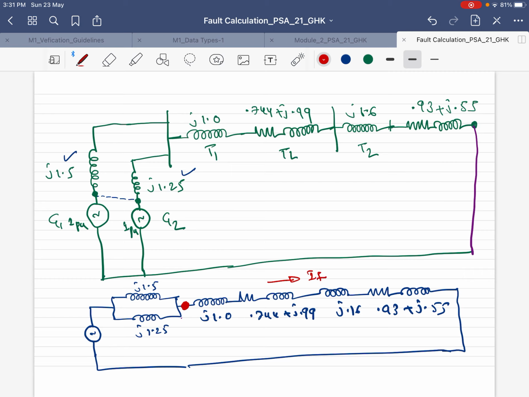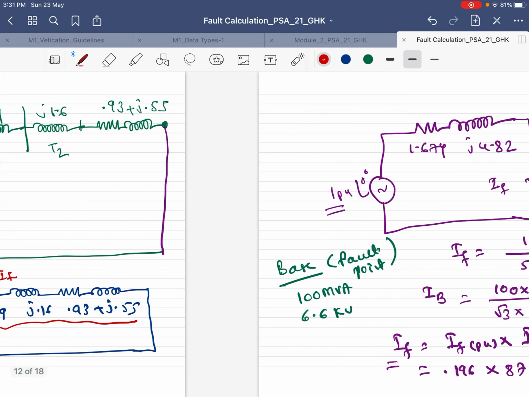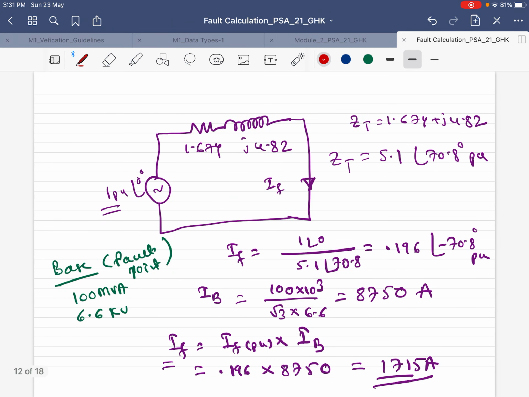Then the voltage at this point is this impedance multiplied by the fault current. We know the fault current is 0.196 at an angle of minus 70.8.